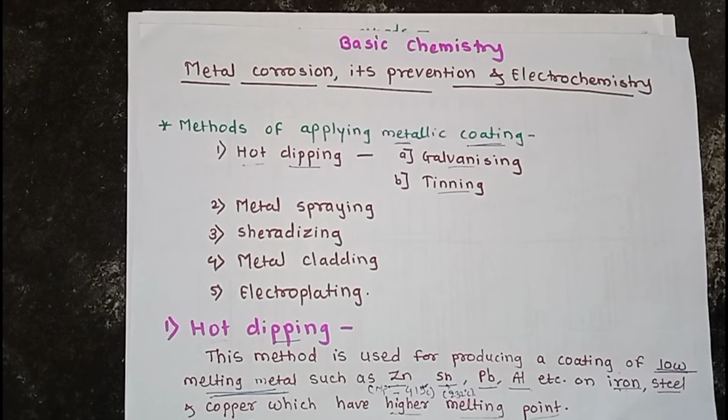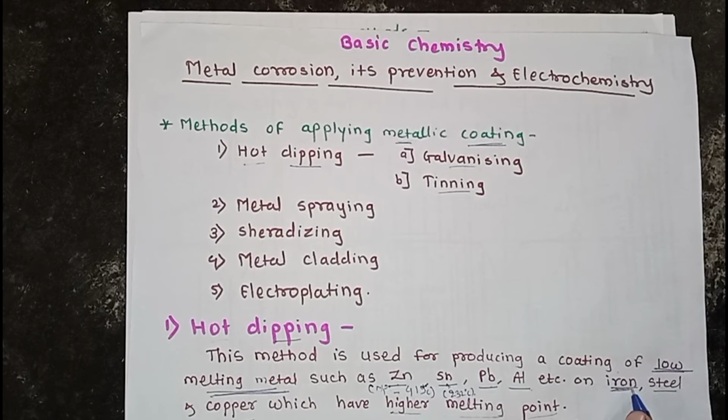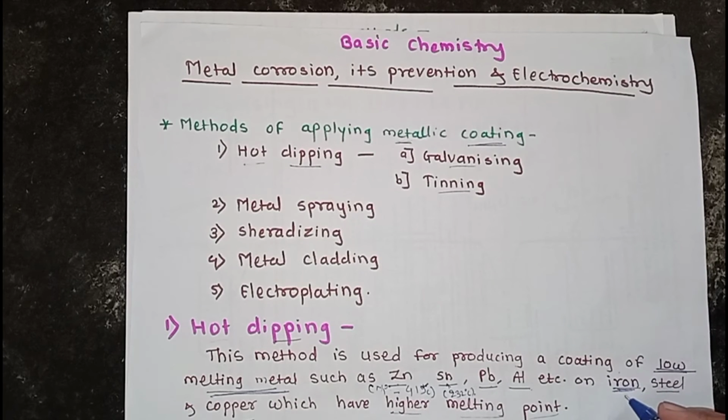This process consists of dipping the metal in a bath of molten coating metal covered by a molten flux layer. The flux cleanses the base metal surface and prevents oxidation of the molten coating metal. For example, we take a piece of iron and coat it with zinc.